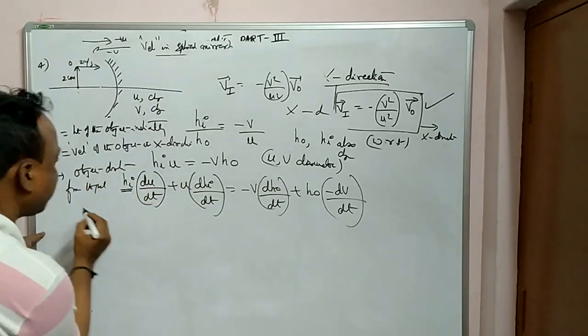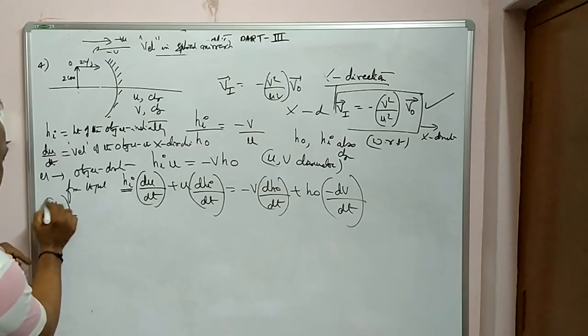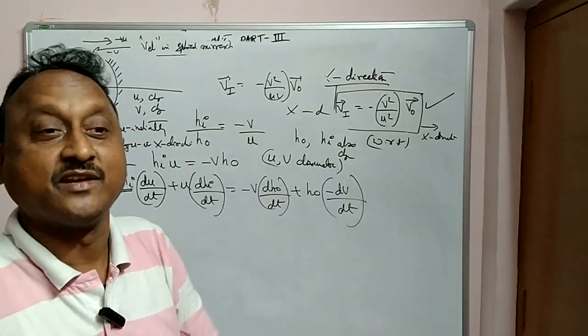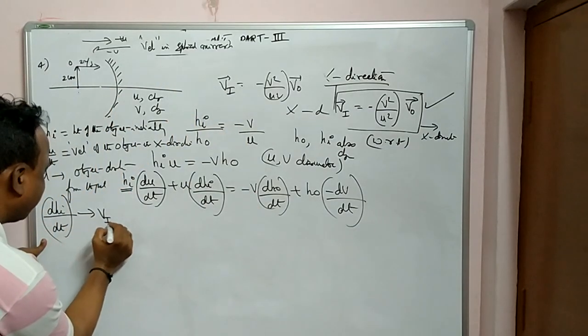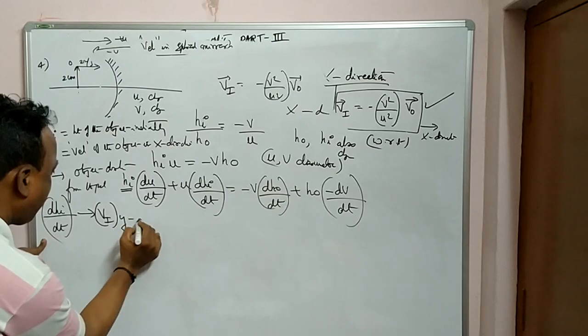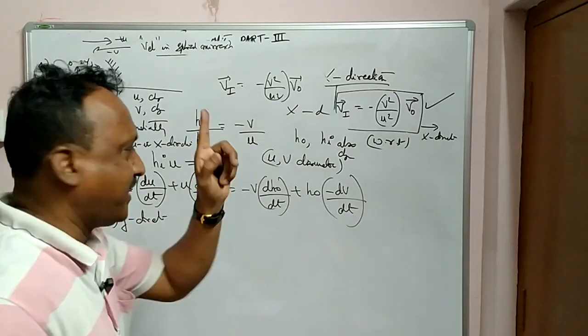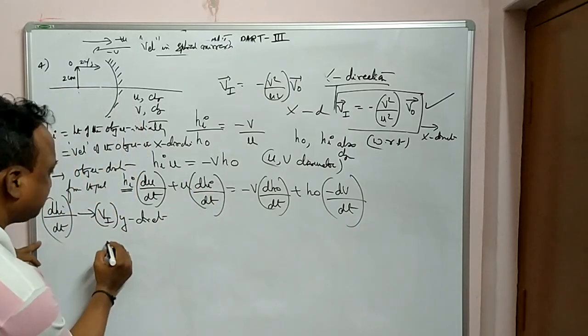And what is dHi by dt? I told you before, it is the velocity of the image in the y direction. Next, what is v?